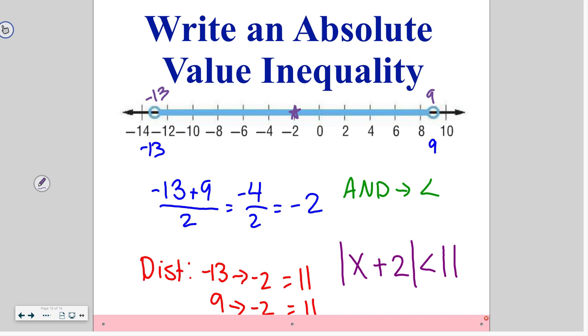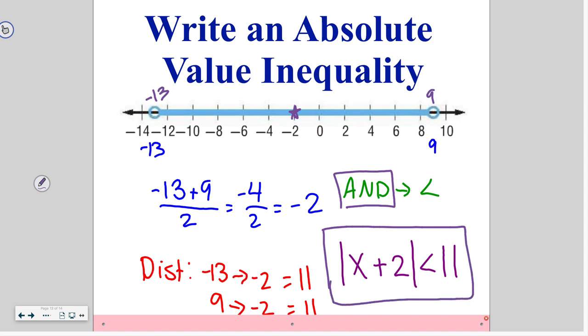Because there is overlap in the middle of the points, that's going to indicate to you that it's and, which means that it is less than. It's open dots, so there's no equal to part. So our final answer down here, x plus 2, again, minus a -2 turns into plus. The absolute value of x plus 2 is less than 11. If you have questions about this or any other part of the lesson, please let me know when you get to class.